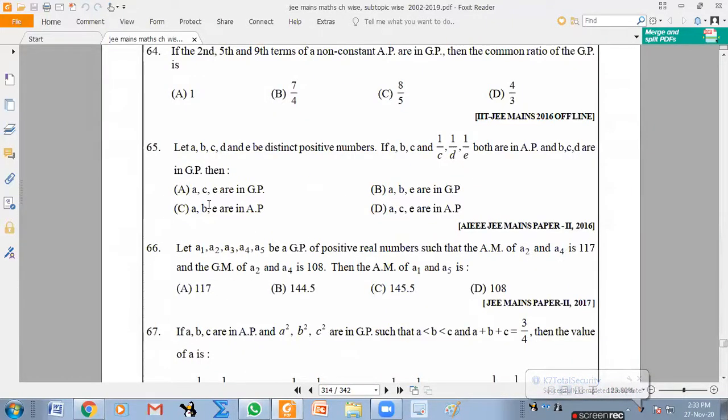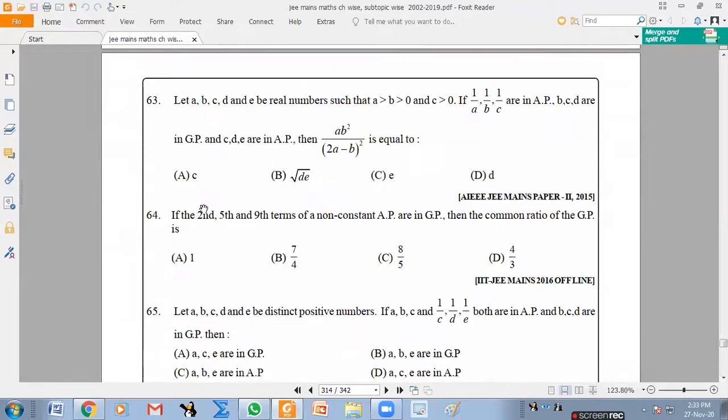With the 65 result, we can tell 63 easily. What is the answer for 63? E, sir. E. Okay. There things may be different. Then no, sir, we can do it easily. Yes, sir. Same, sir.